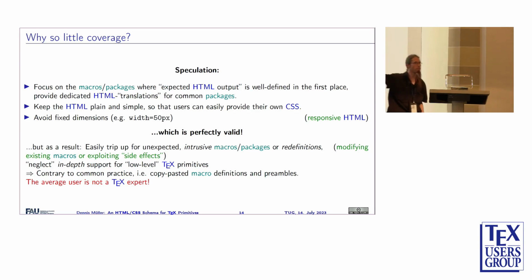If you think about how most LaTeX users actually use LaTeX, I would claim there's almost no one who does not have a single TeX file with just collections of macro definitions that they copy-pasted from friends, colleagues, Stack Overflow, by now probably ChatGPT, with a bunch of packages that you just have in there because you have them in there, which you then reuse over and over again.